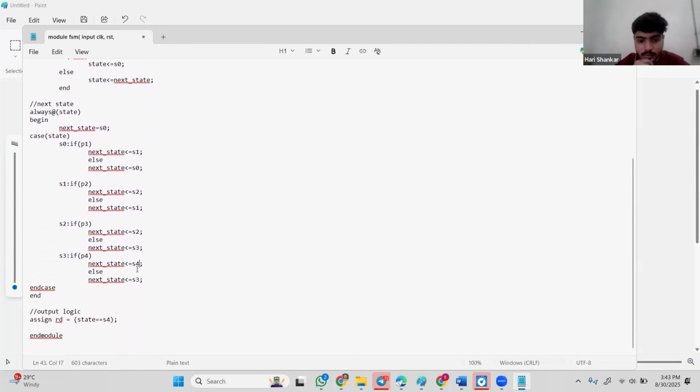Instead of S4, it will reach S naught, and at this S3 only. And for the output state, where should I write the output state equal to S naught? Which one should I try?